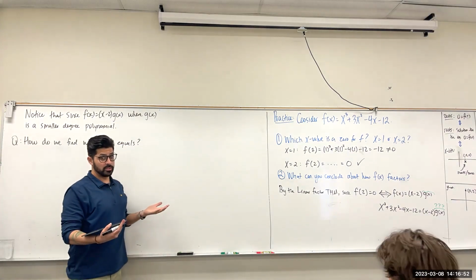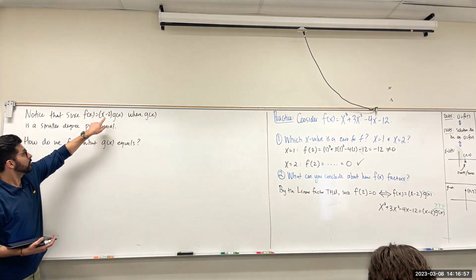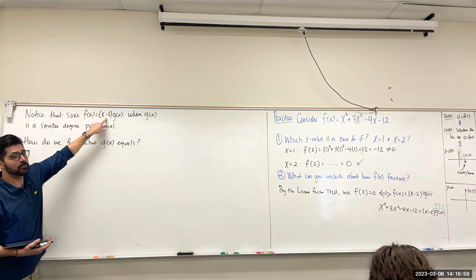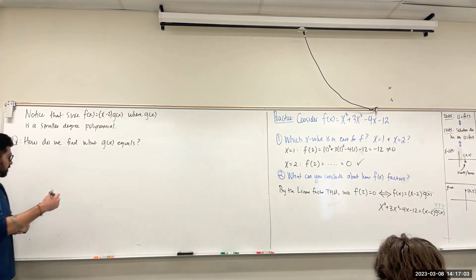So what we're going to do, I want to find g of x, so we're going to divide f of x by x minus 2, because that's the opposite operation of multiplication.